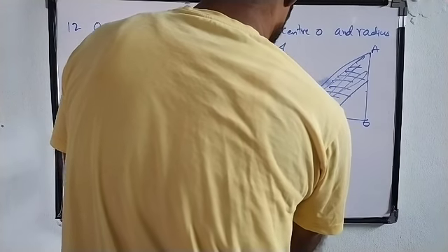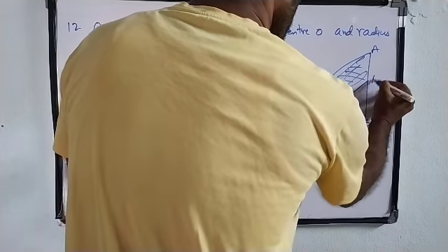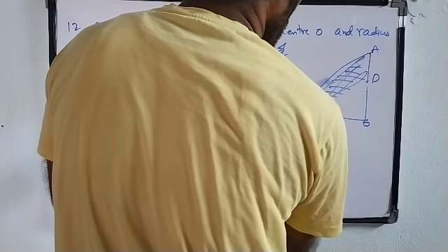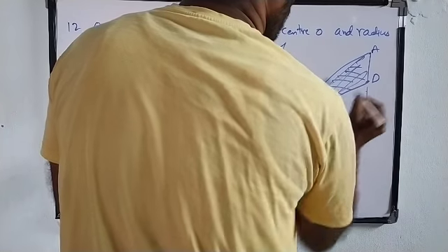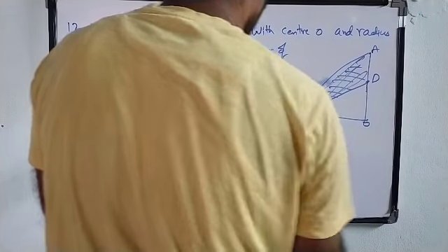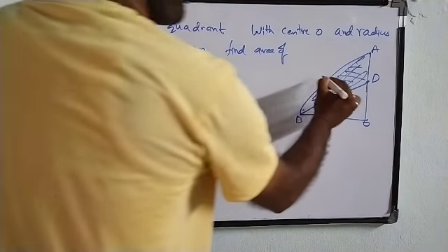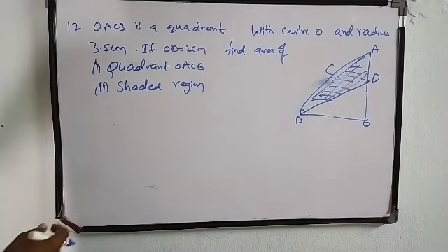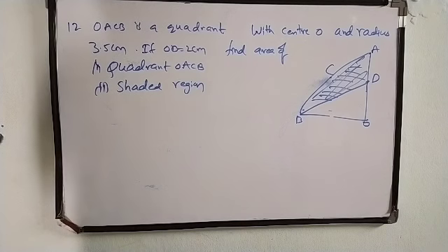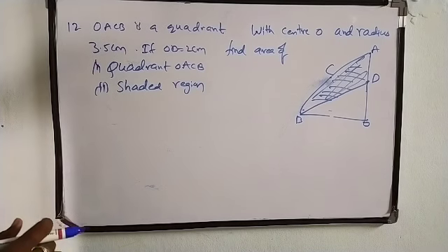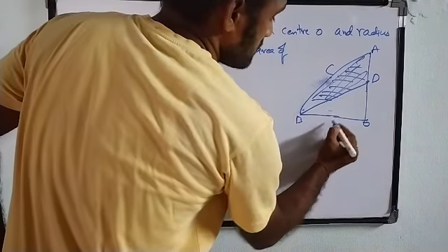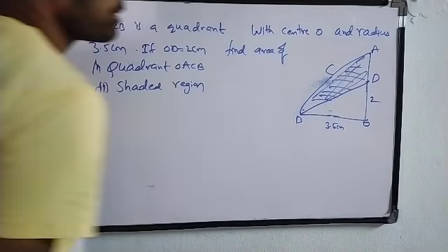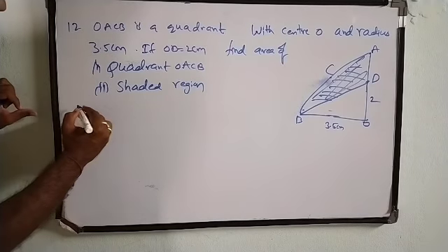So OEB, here there is D. Here there is a point C. So the radius is 3.5 here, and here OD is 2. So first let us find the quadrant OACB.